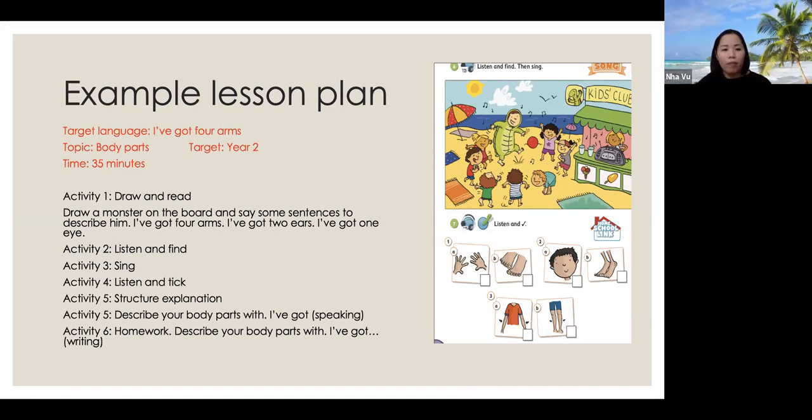The flow of the activities is like draw and read, listen and find, sing, listen and take.